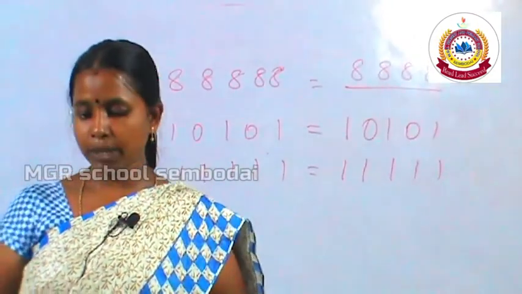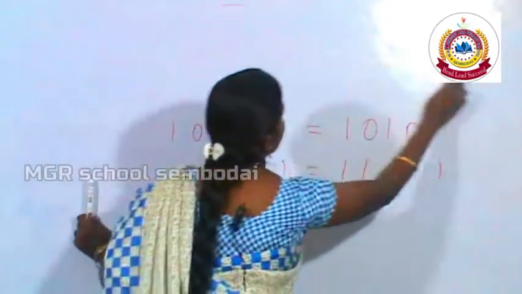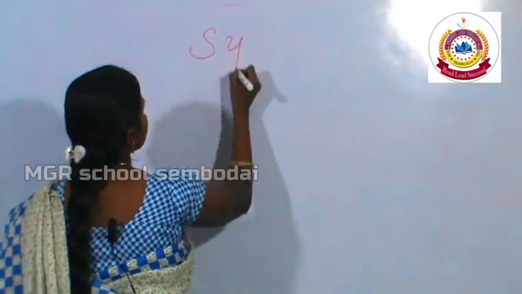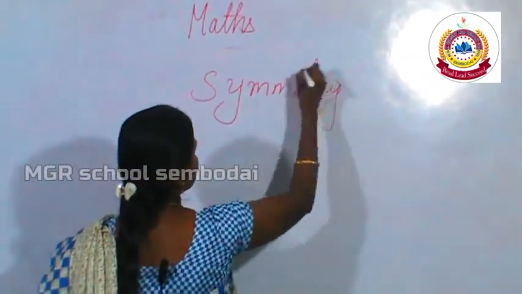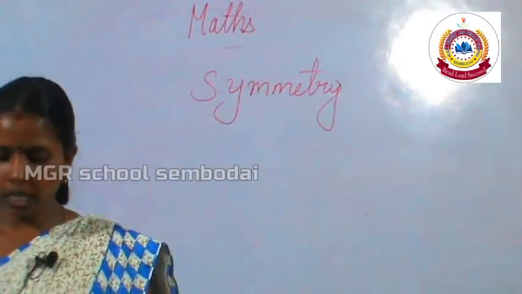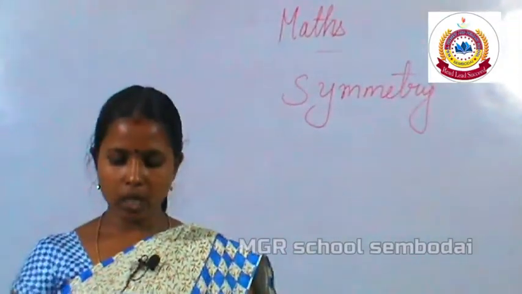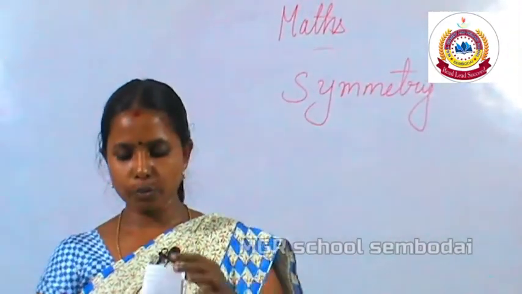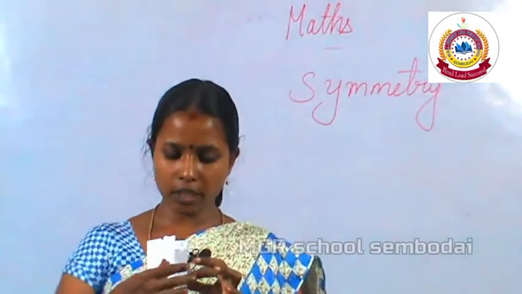Next one, symmetry. Now we are going to see the symmetry. What is symmetry? If we fold the paper into 2 halves, both the halves should match equally. See, look here.